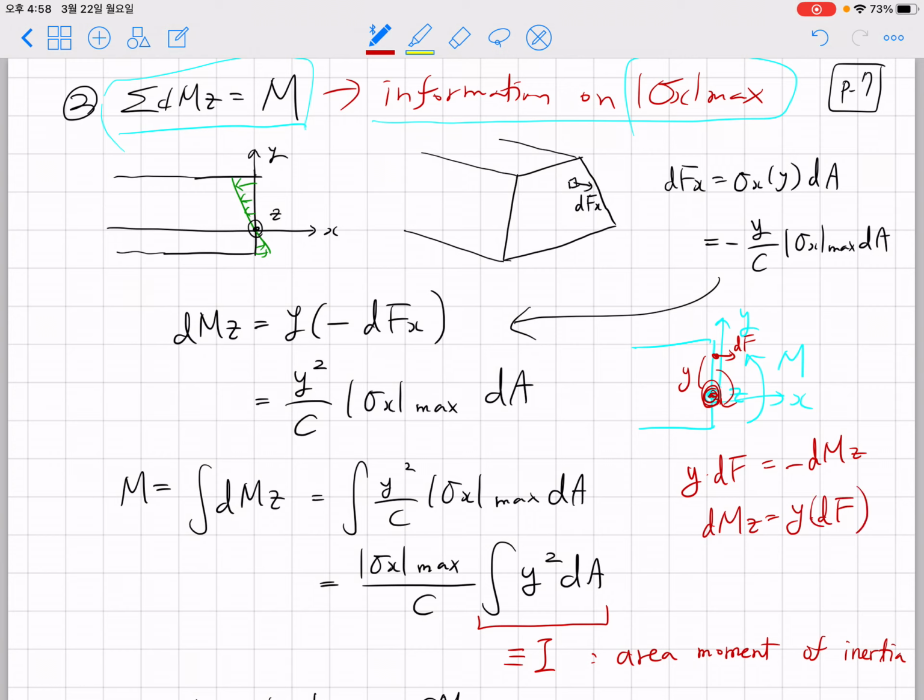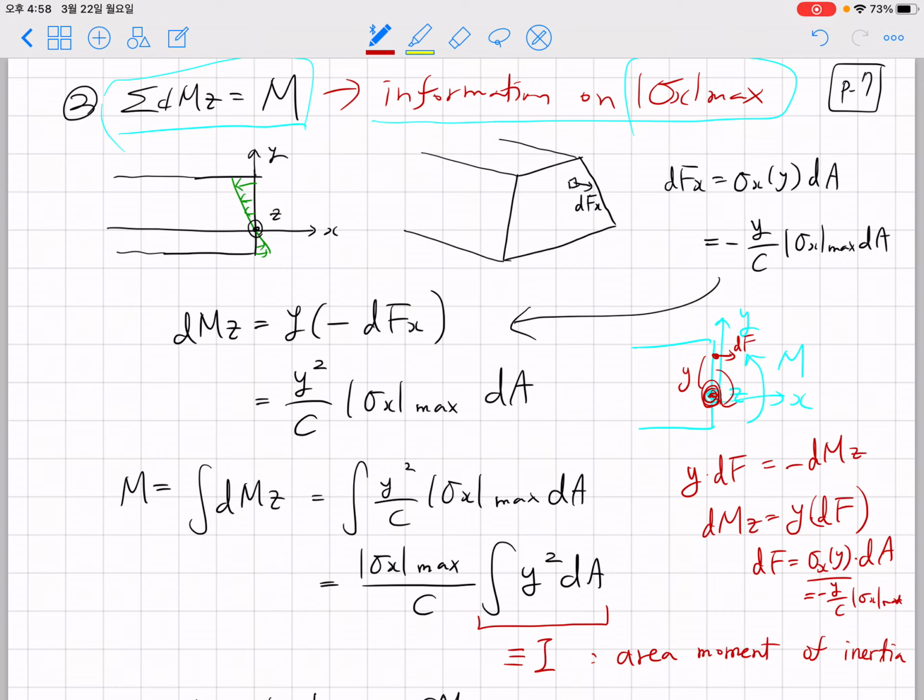And what about dF? dF can be obtained from sigma x as a function of y, and dA. Sigma x as a function of y can be written as minus y over c sigma x max.